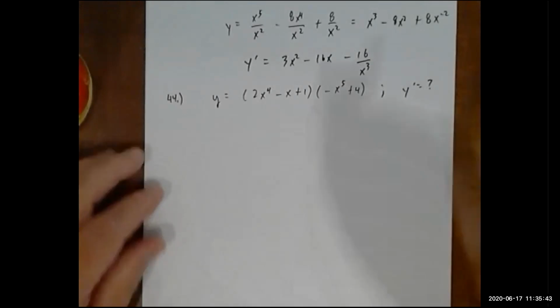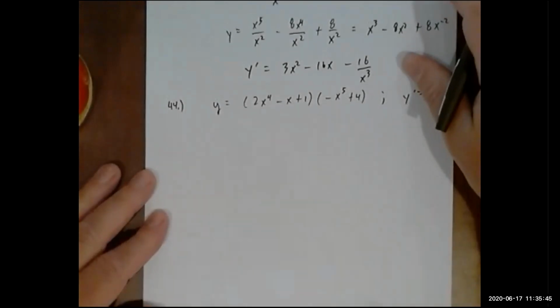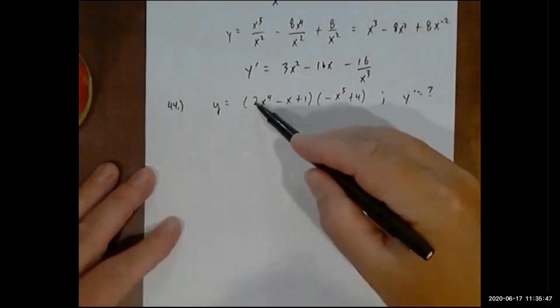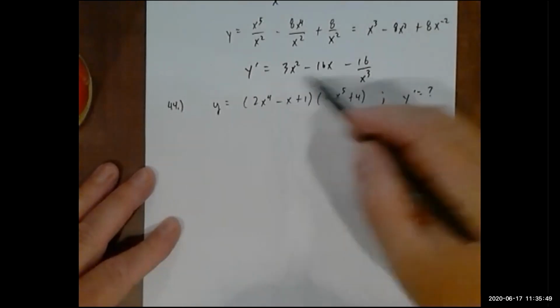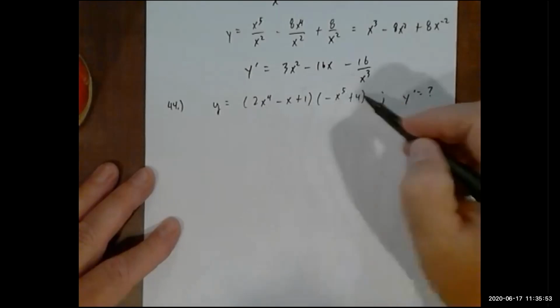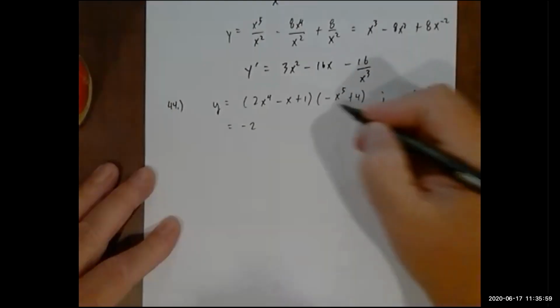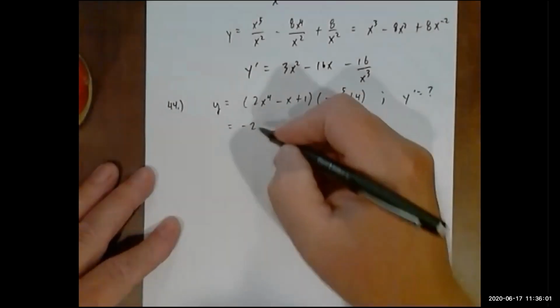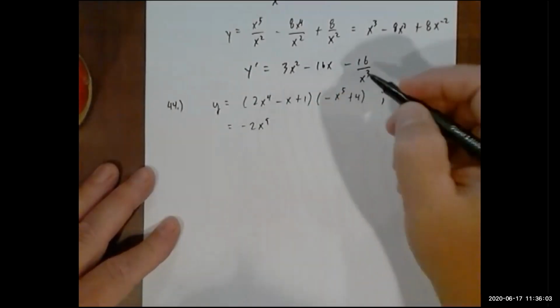So let's do that. We'll do a little algebra first. So once again, this 2x to the fourth, I'm going to multiply by both these terms in this parenthesis. I distribute it through that. So it's going to be negative 2x to the ninth, because I got negative for a negative 2x to the ninth.